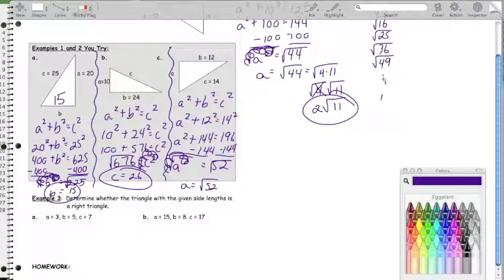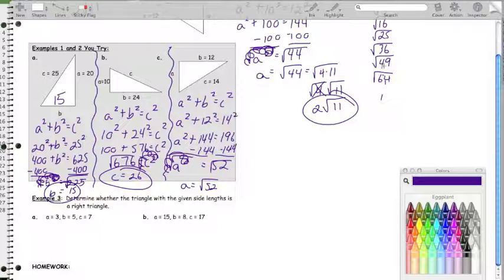Square root of 52 is not a perfect square, so I'm going to go ahead and start dividing. 52 divided by 49 is a decimal. Divided by 36 is a decimal. Divided by 25 is a decimal. Divided by 16 is a decimal. 52 divided by 9, let's see, it's not going to be 9.